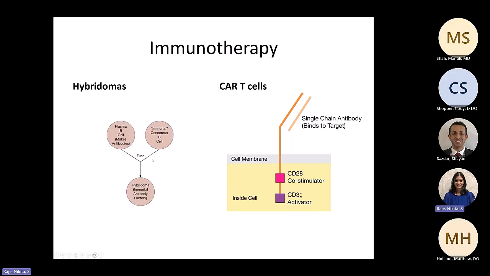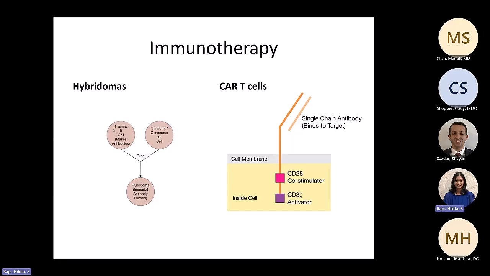And these cells are fused, leading to what is known as a hybridoma, an immortal antibody cell line that continues to produce the antibodies with the same specificity that can be used for treating that specific antigen.